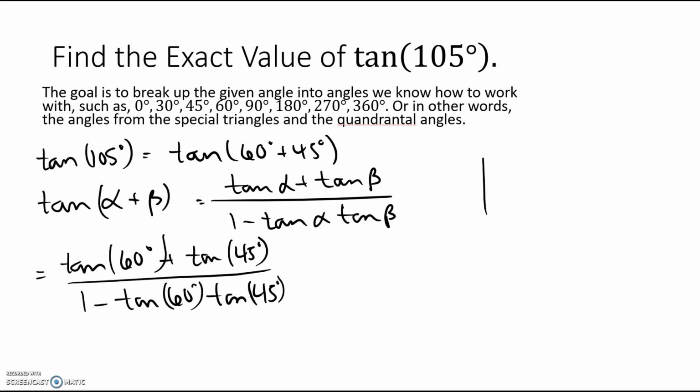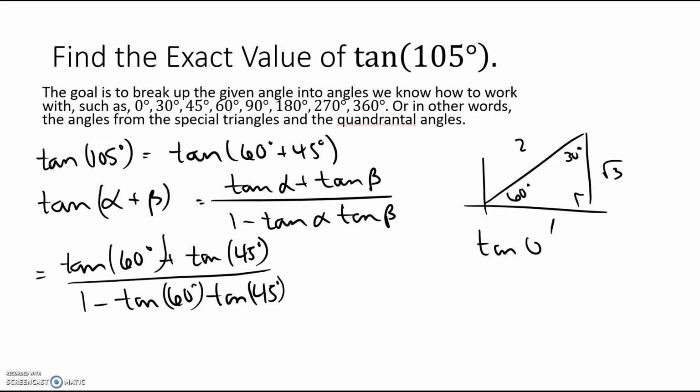Okay, now I need to find two special triangles. We'll find 60 first. This is square root of 3. This is 1. This is 2. We know that tangent of 60, this is going to be y over x. So y, square root of 3 over 1. So this will just be the square root of 3. And then, if we look at 45, we'll change these.